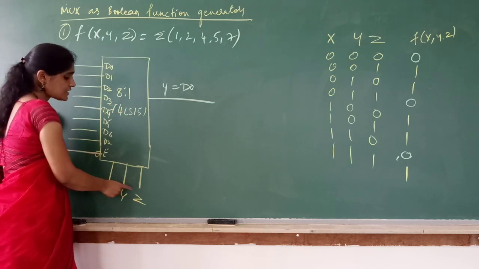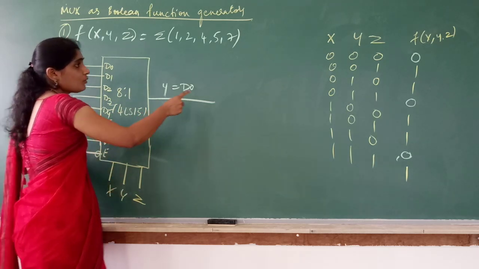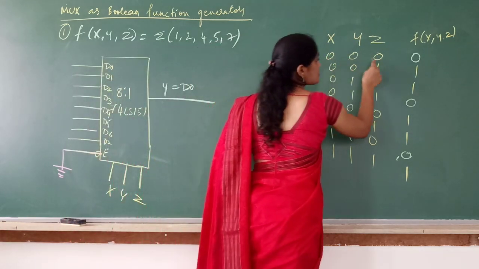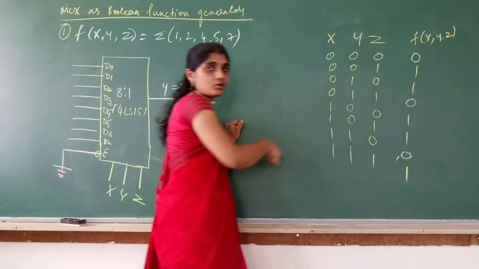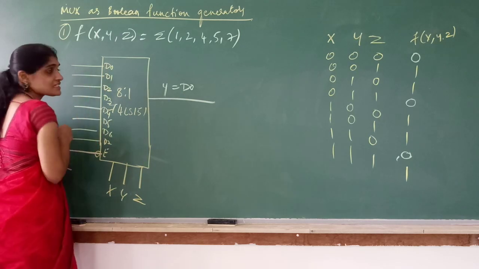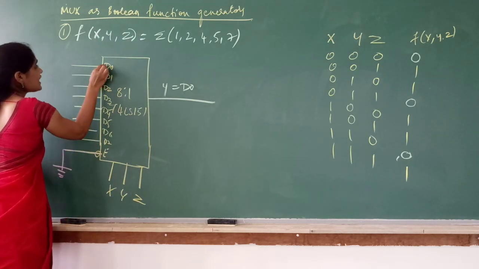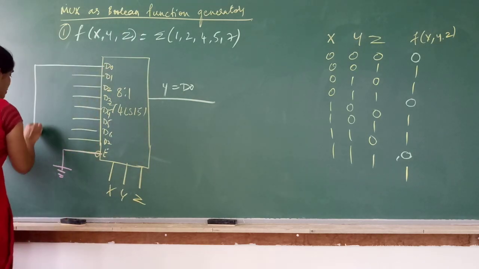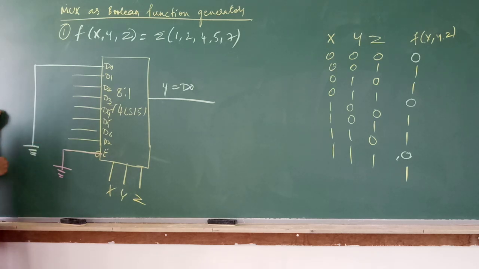Now, let me start from the first. When I give x, y, z as 0, 0, 0, what is the output I should get? 0. In the multiplexer, which input is selected? D0. So connect D0 to 0 or ground, or if you want it simpler, connect this to logic 0.